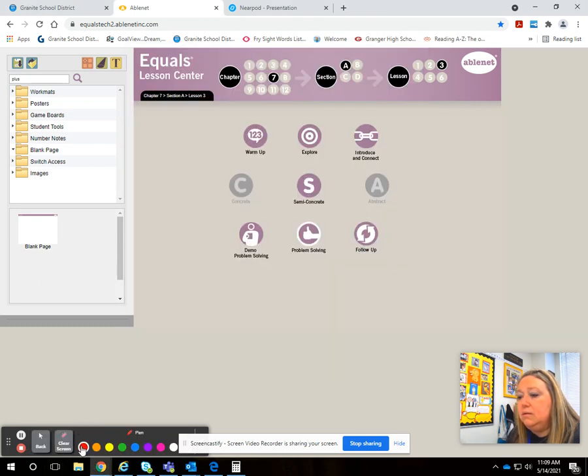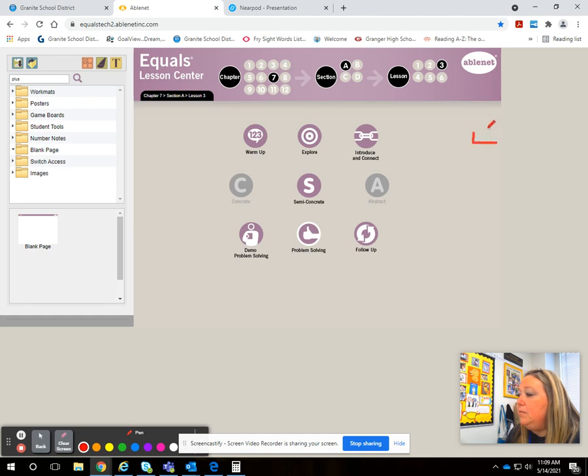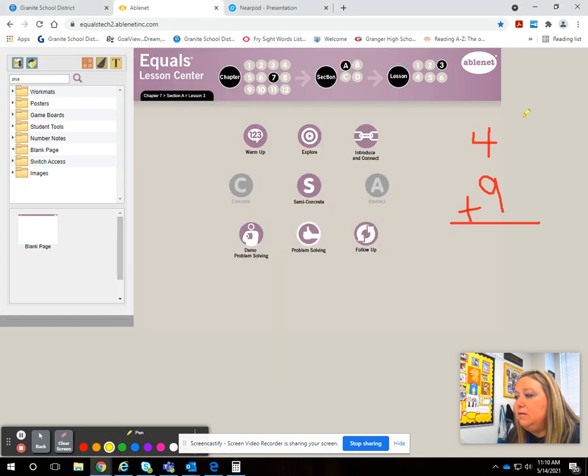Whoops. I cleared the screen and away it went. There we go. Okay, so if I have a problem that looks like this, 4 plus 9, and I bring up my calculator, I'm going to look at that first number, the number 4, and then I'm going to add 9 to it.